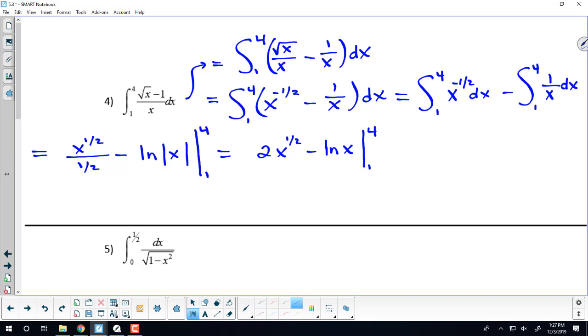Let's see if we can fit this in. And so we're going to just evaluate the entire antiderivative at 4. So there's the antiderivative evaluated at 4, and then we have to subtract off the antiderivative evaluated at 1.